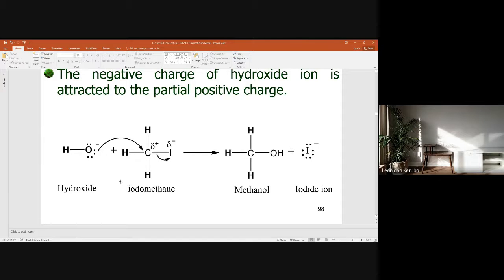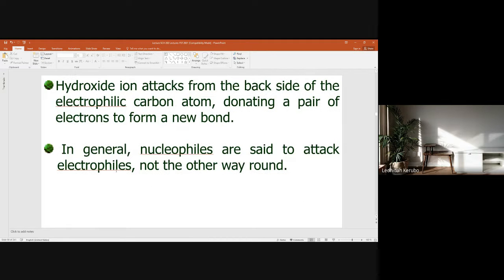So this type of substrate, and also primary alkyl halides, always undergo the SN2 mechanism, and you always have to have a strong nucleophile. And in SN2, the nucleophile always attacks from the backside of the electrophilic carbon atom, donating a pair of electrons to form a new bond.